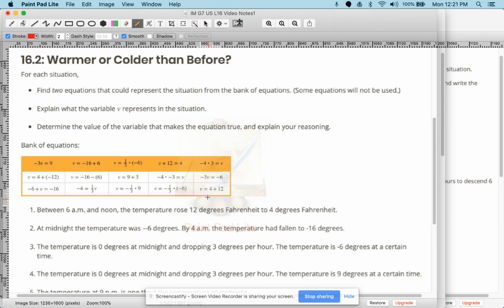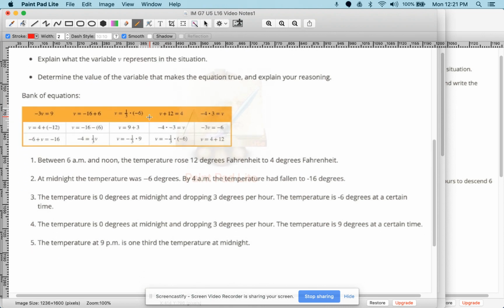For each of the numbers 1 through 5, they want us to find 2 equations that could represent the situation. Some won't be used, so we can't just cross them off and say, okay, we haven't used these, this must be it. Then they want us to explain what the variable represents in the situation, and finally, to determine the value of the variable.